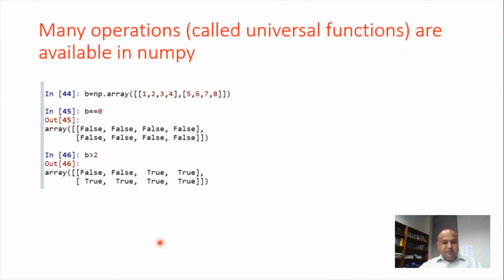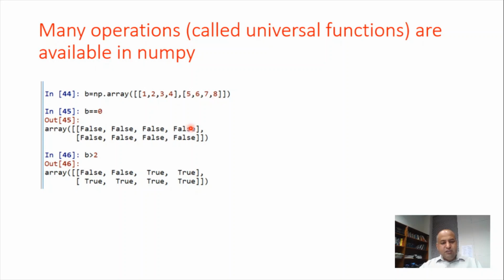As I was saying, there are many other universal functions available. For example, we can do logical operations. For example, this is an array B of these numbers, and here I'm checking if B is equal to 0. I'm comparing each element of B with 0, and I'm getting a Boolean array in which each element is either true or false, depending on the comparison of each element with 0.